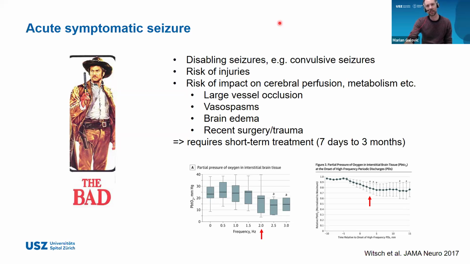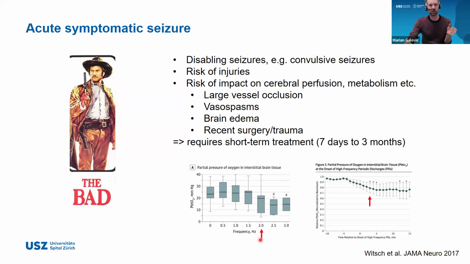And even in seizures or periodic discharges occurring at the intensive care unit, we have good evidence that these have an impact on metabolism and in this case on partial pressure of oxygen. And it's related to the frequency of these discharges.